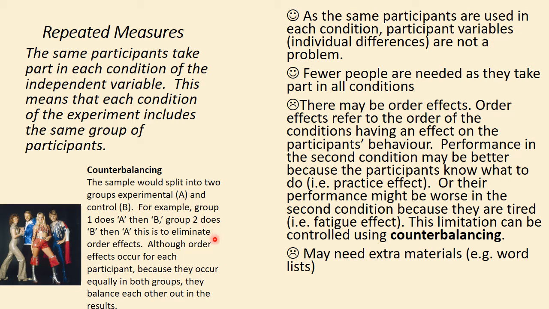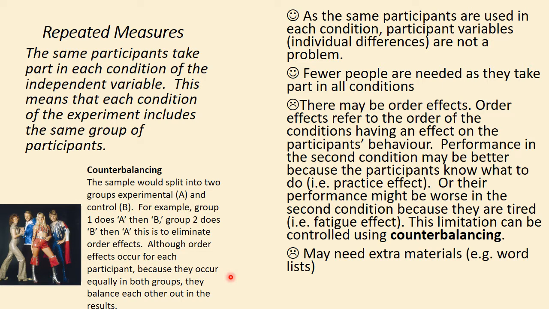Now, crucially, counterbalancing does not get rid of order effects. It just balances them out across the two. So hopefully, by the end of it, the two will weigh each other out, and any differences you find will be down to the independent variable, in this case drinking coffee, rather than the order effects. Does that make sense?